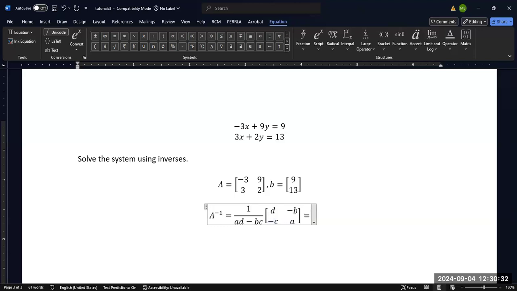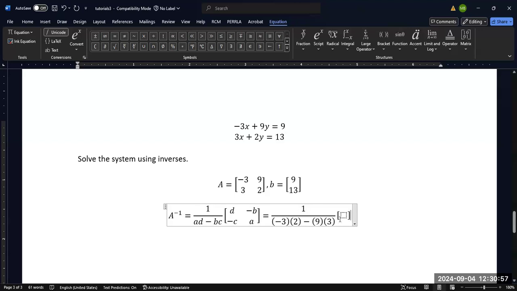So for our particular example, this is going to be 1 over -3 times 2 minus 9 times 3.